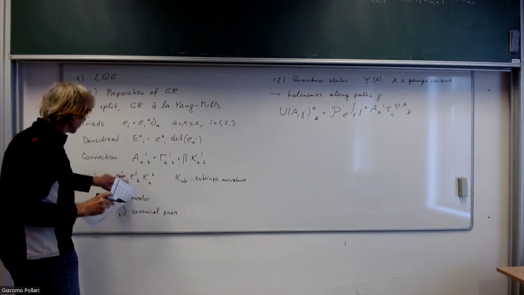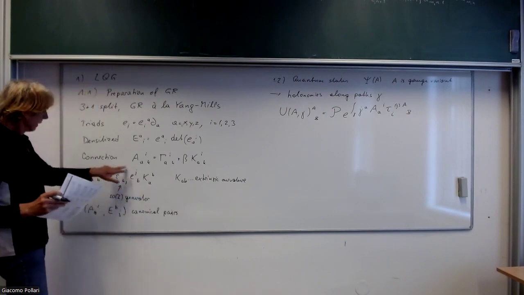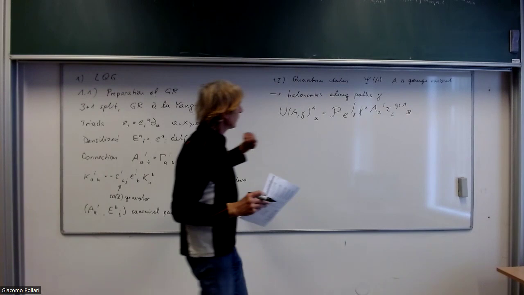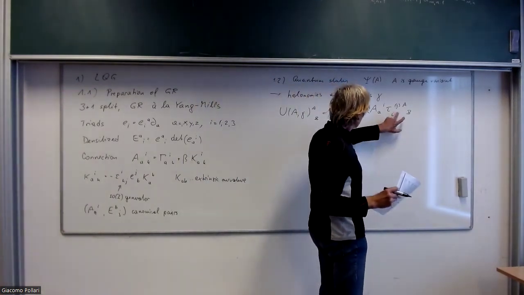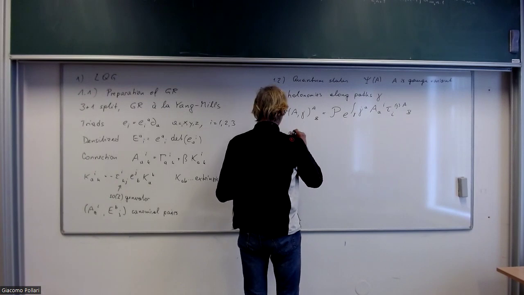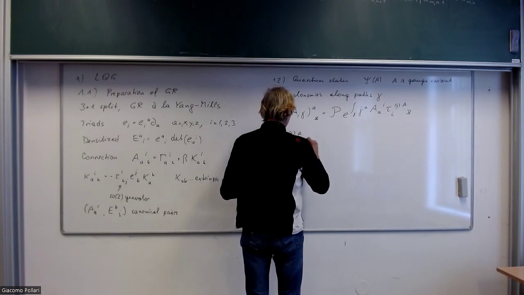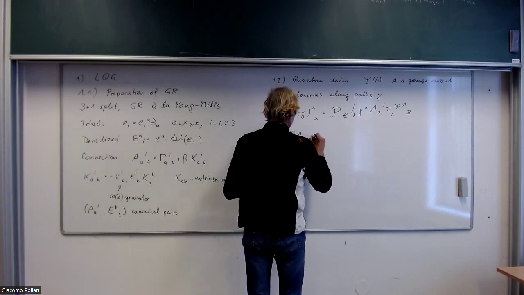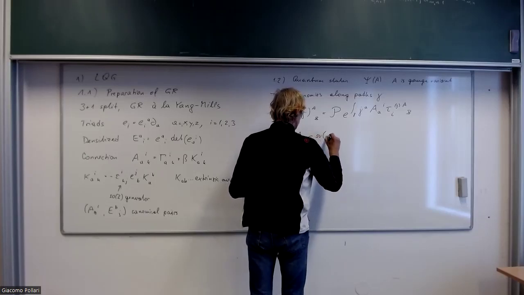Instead of the SO3 generator, I have written here generally an SU2 generator, tau I, and U A B is in SU2.